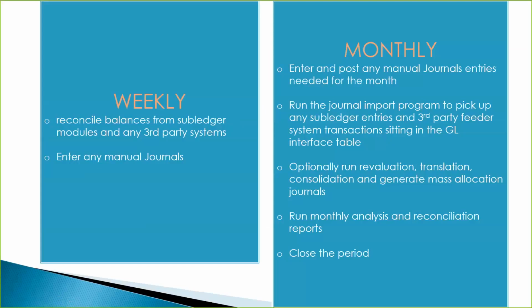So on a weekly basis, you reconcile your balances from different modules: accounts payable, receivables, cash management, fixed assets. And you also reconcile with the transactions that are coming from other third-party systems that are integrated with your Oracle EBS system. As part of the weekly process, you'd also have to enter any manual journal entries.